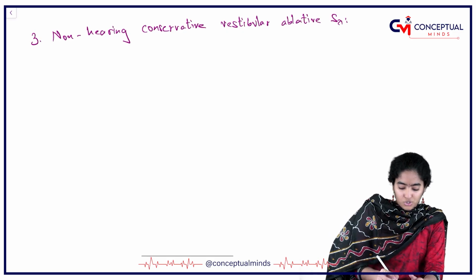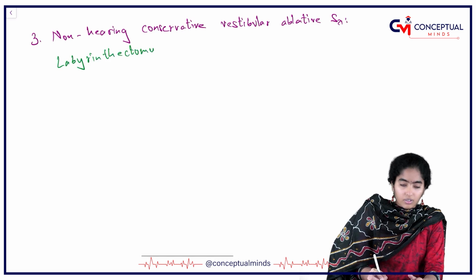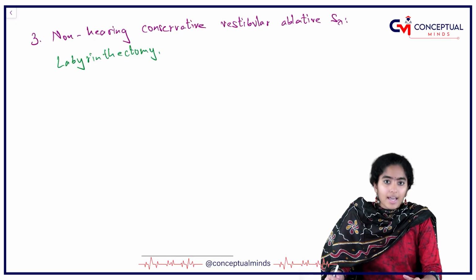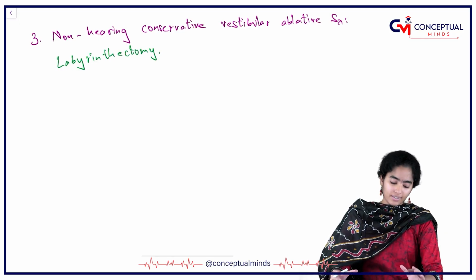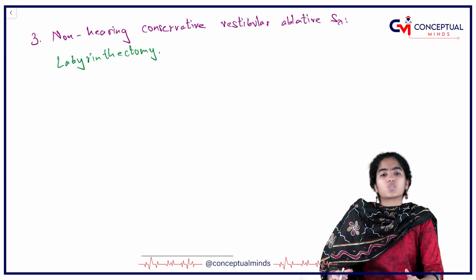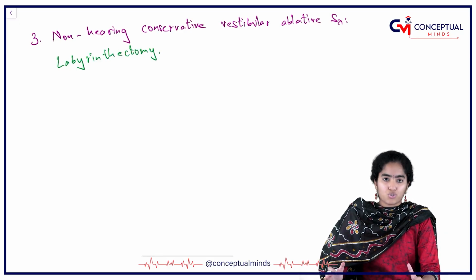The first surgery under this category is labyrinthectomy. When serviceable hearing is absent and the pure tone average is more than 60 decibels and speech discrimination score is less than 50%, then labyrinthectomy can be done. In labyrinthectomy, hearing is not preserved. The membranous labyrinth is completely destroyed.